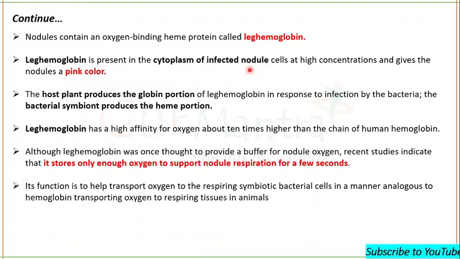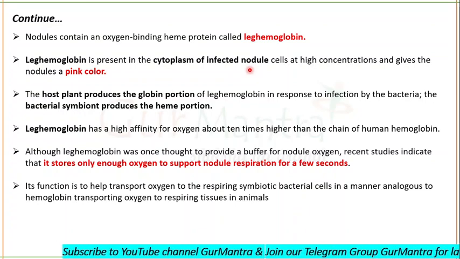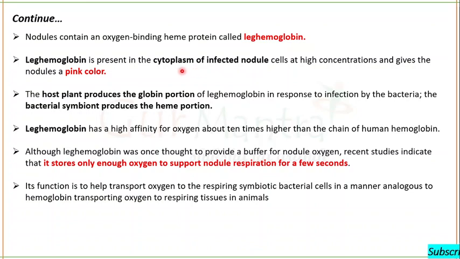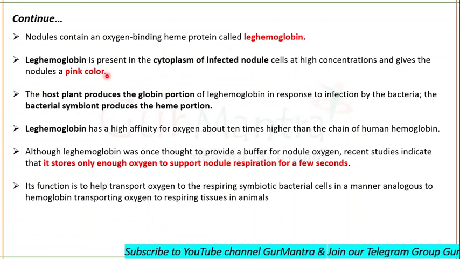We will know how these nodules are formed, okay, but for now remember, leghemoglobin will be present in the nodules and in the cytoplasm of the infected nodule, and if it is present in higher concentration, it will give a pink color to the nodule.